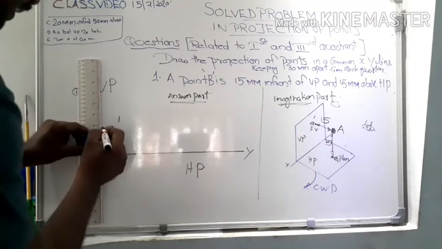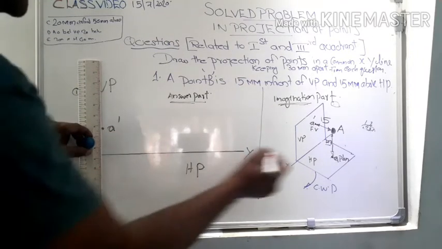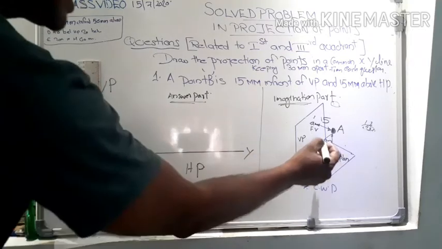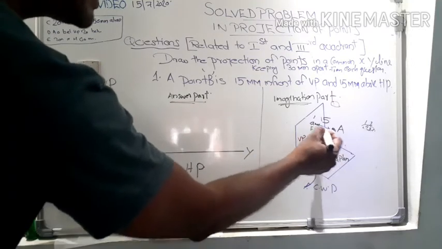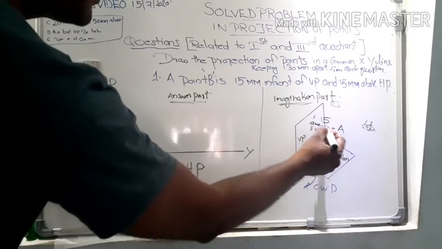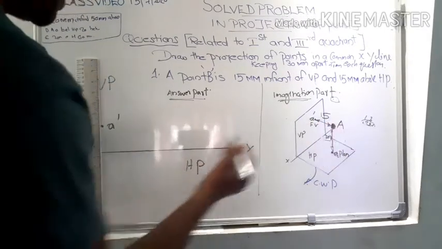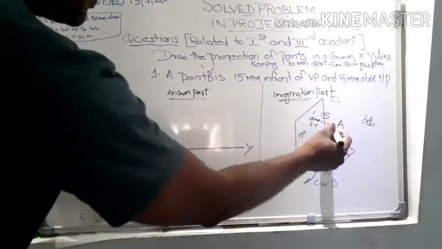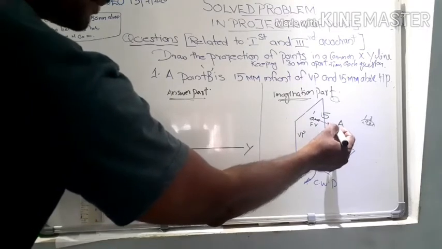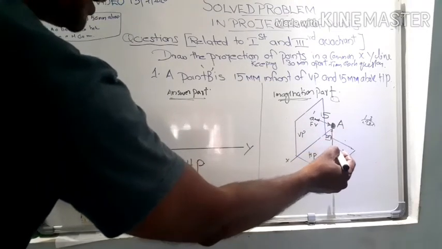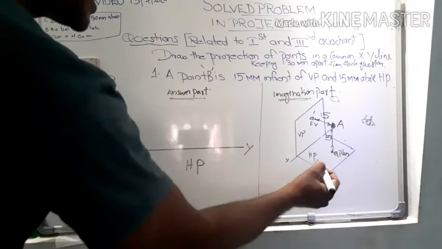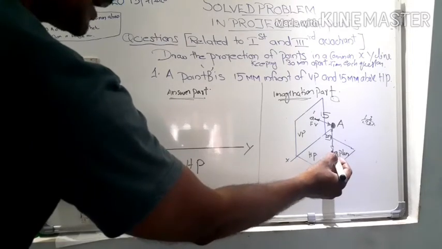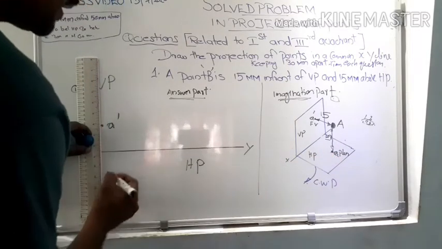Now in the same line, the next step is to draw its plan. What is its dimension? That is 15 mm in front of the vertical plane. Keeping that dimension, that point is projected on HP and HP rotates in the clockwise direction. Then that point should come below the XY line.